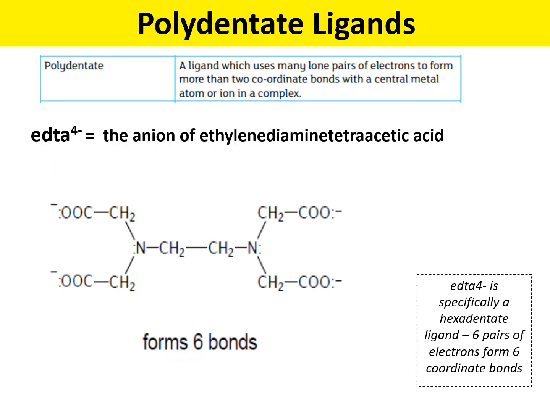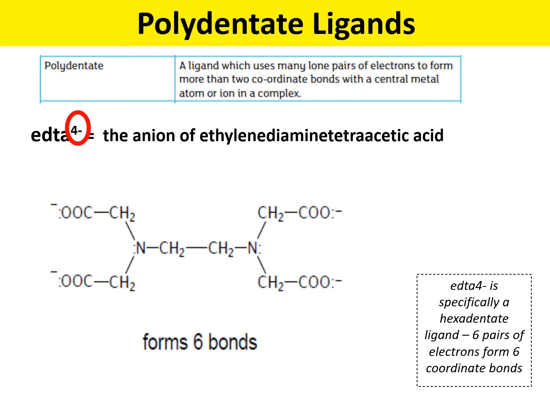The next example we will look at is a polydentate ligand. And this is a ligand which uses many lone pairs of electrons to form more than 2 coordinate bonds. And the example that we need to know in this topic is EDTA. If you look at the structure, you can see 1, 2, 3, 4, 5, 6 lone pairs of electrons, which means EDTA can form 6 coordinate bonds to a central metal atom or ion in a complex.